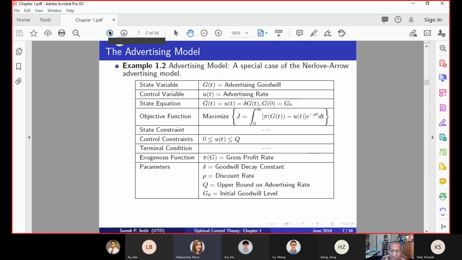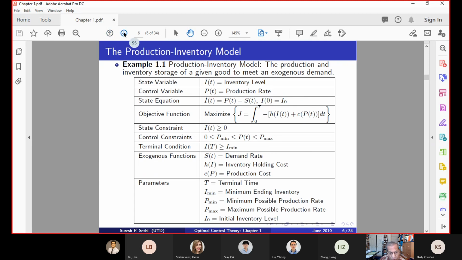System dynamics usually does not optimize. If I give you the function of production rate over time, then you can find the trajectory of inventory using system dynamics.